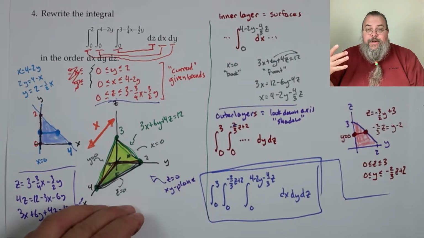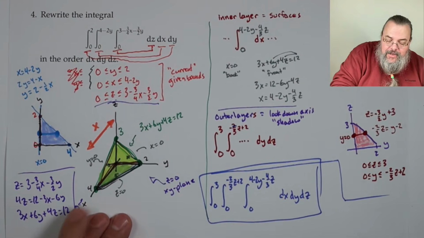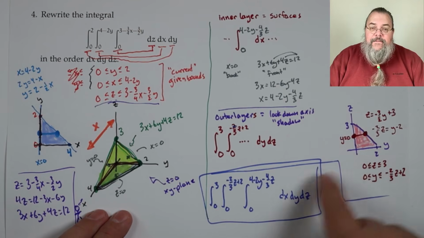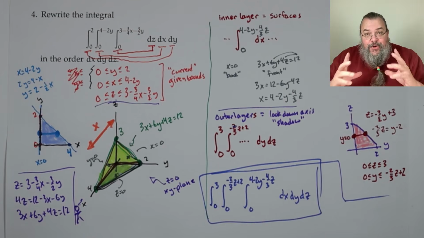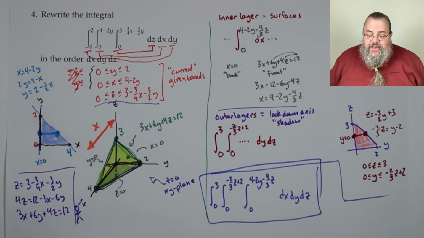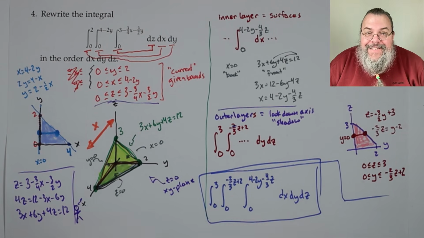Boom, one layer down. Outer layer, look down the axis. Ask, okay, what shape do I see? Describe that, because in 2 dimensions, we're a little bit better. And then put it all together, and life is good. Life is wonderful. All right, good. Well, let's get going.